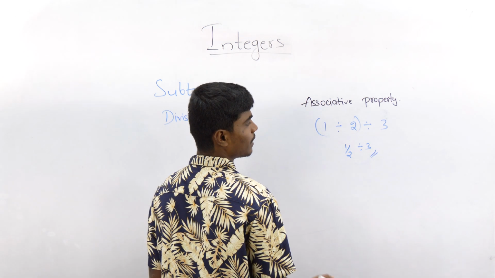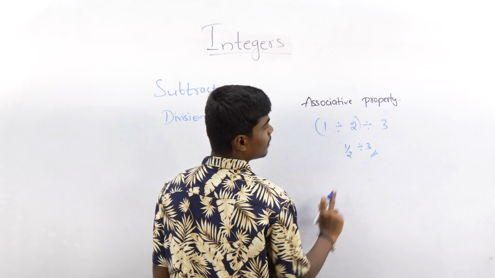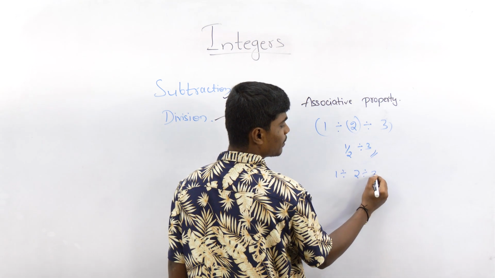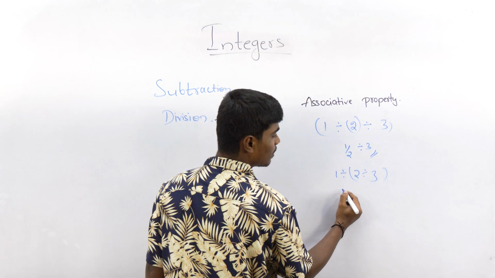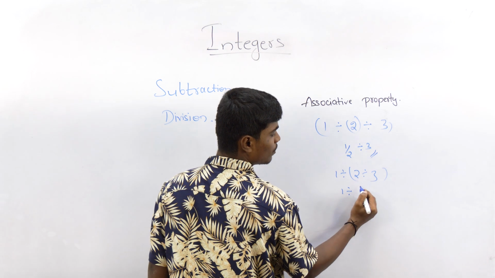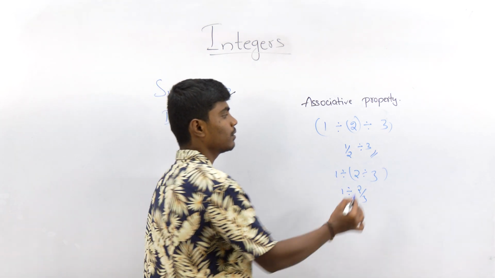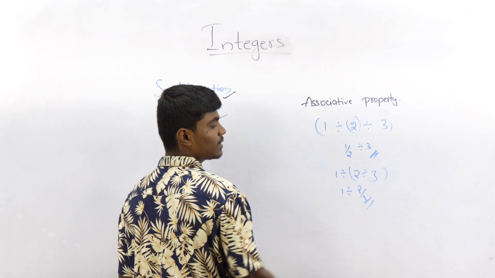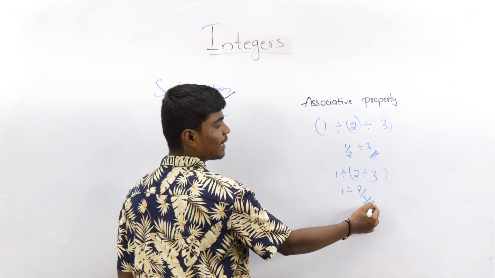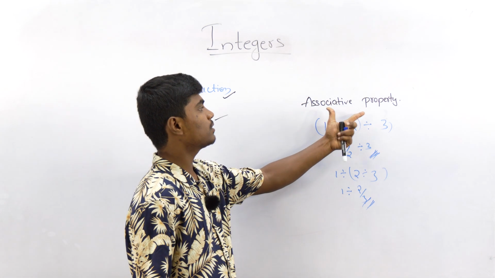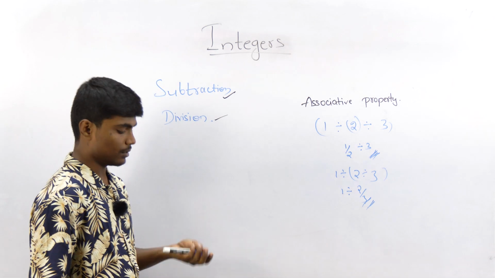We get it in this way. If we change the order, 1 divided by 2 by 3. See here, the result is not the same. If we change the order, the result is changing. So the associative property is also not suitable for division.